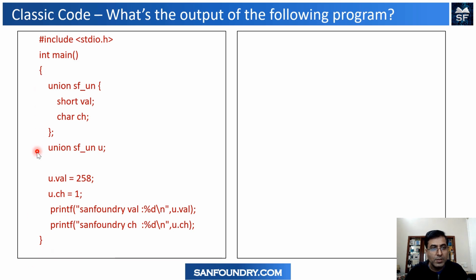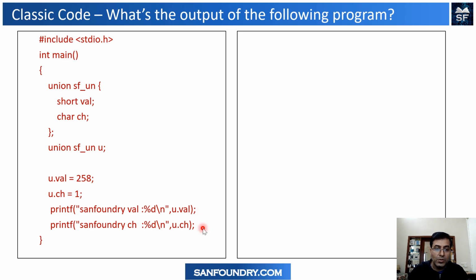Look into this. What you are seeing here is a union. We define an instance of a union, and then we write u.val equal to 258. So we are assigning a value of 258, and immediately after that the value is 1 for the other member, which is ch. Any idea, without running your code, without doing any further check, what would be the printed values?